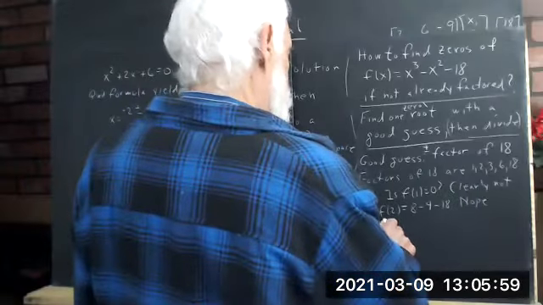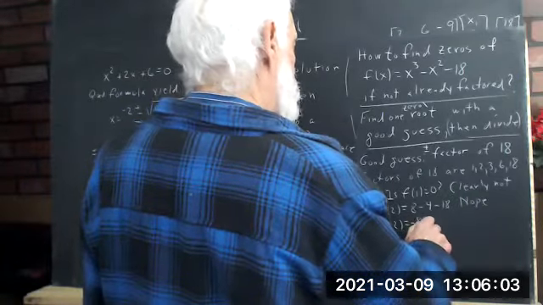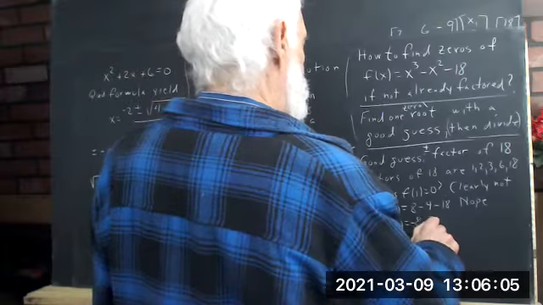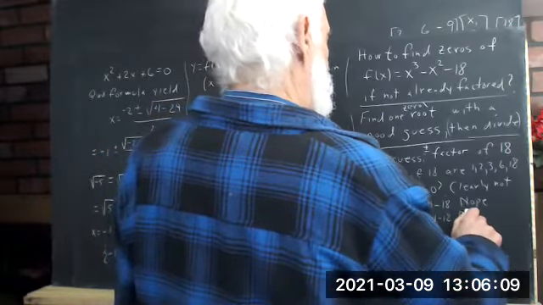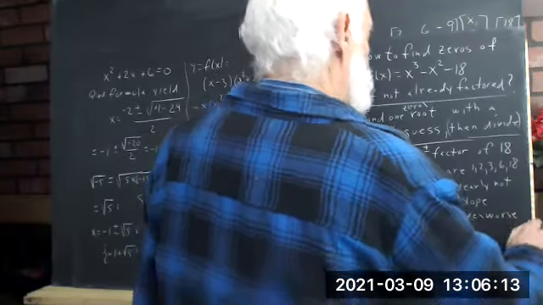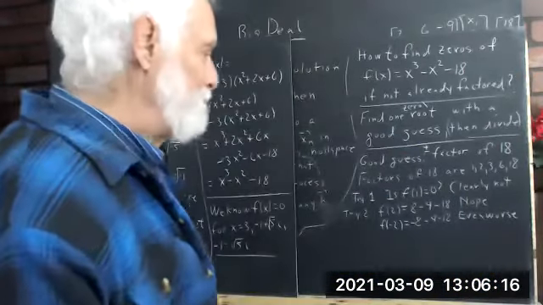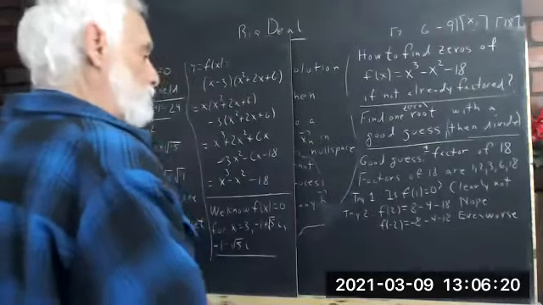Also, we want to try f of -2. And that's even worse. Okay, all these are negative. Clearly, it's not going to give you 0.